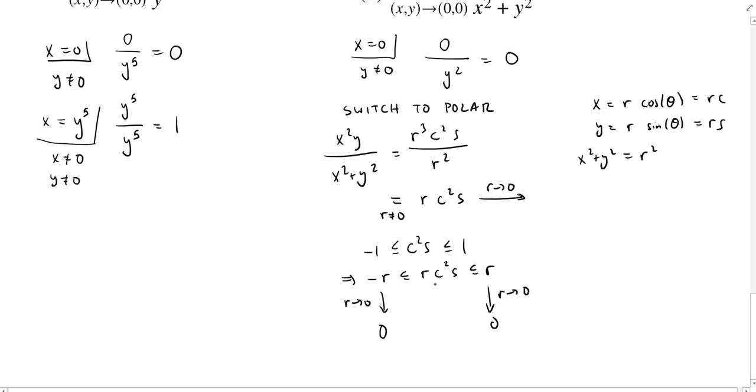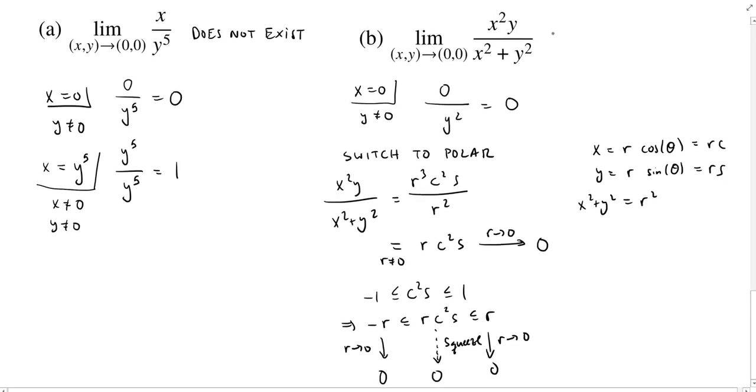And so by the Squeeze Theorem, squeeze in the middle, we know that this r c squared s goes to 0. Okay, so we conclude that as you get closer to the origin, right, that's what r going to 0 means, it doesn't matter which direction you go, that this limit is going to equal 0.